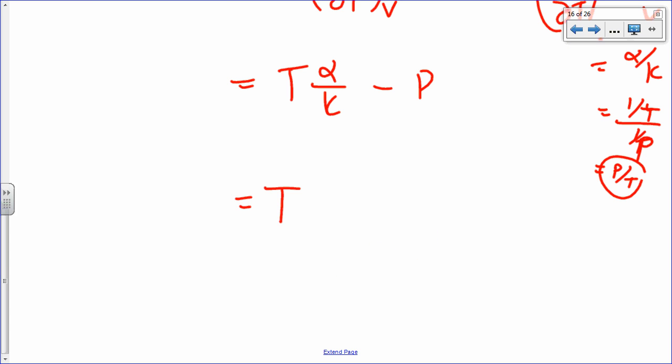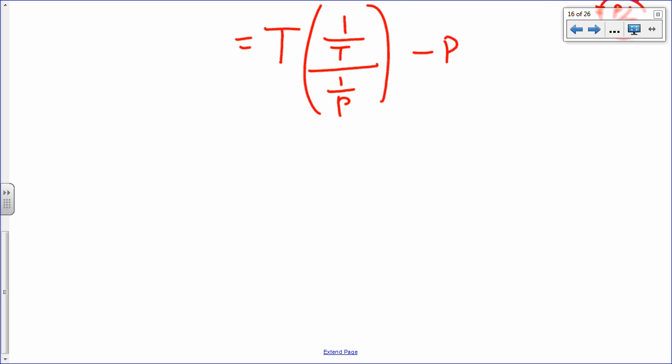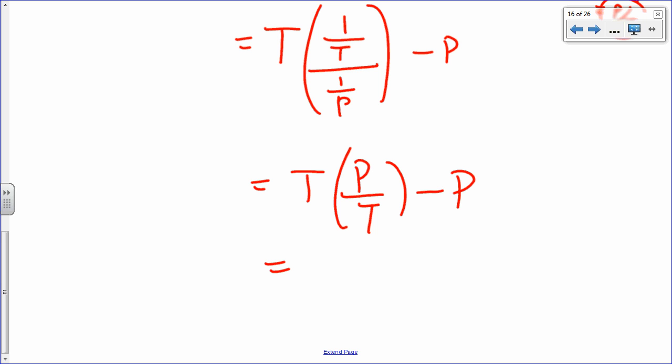T times, what's alpha? 1 over T. And kappa is 1 over P, minus P. So this is T times P over T, minus P, which gives you 0.